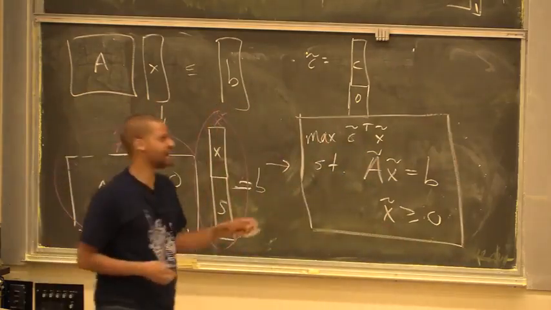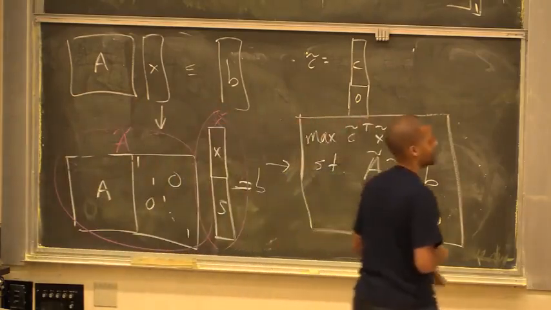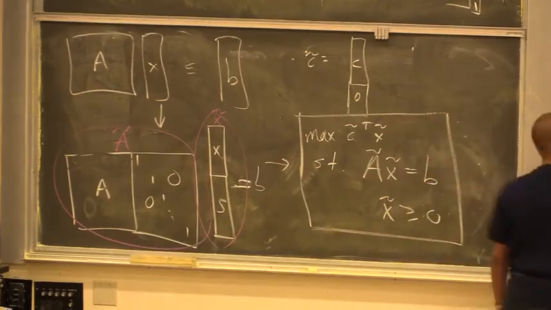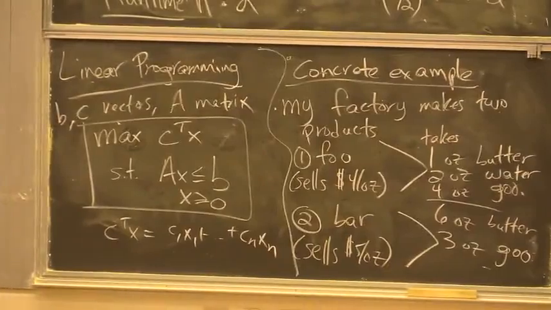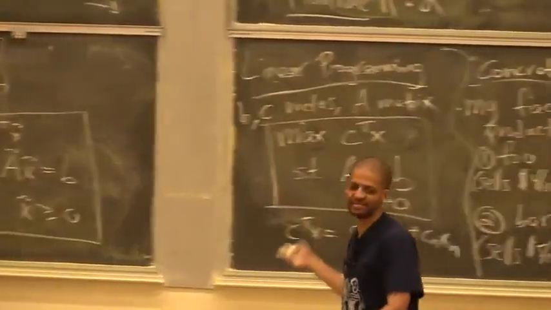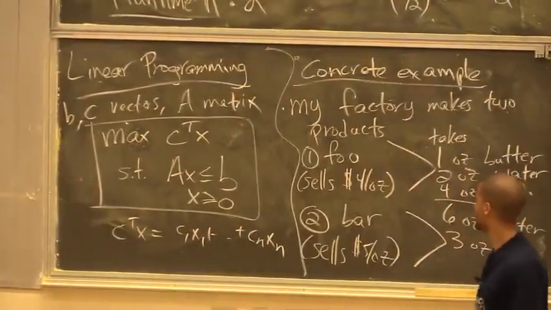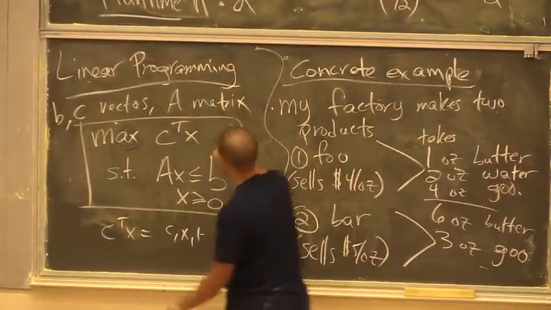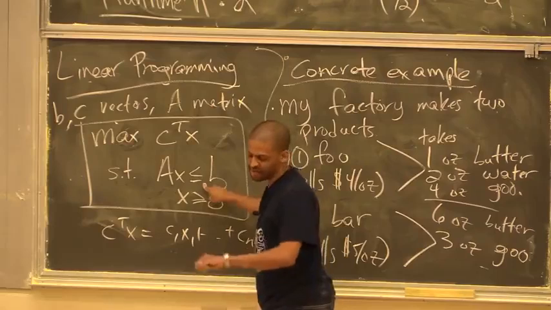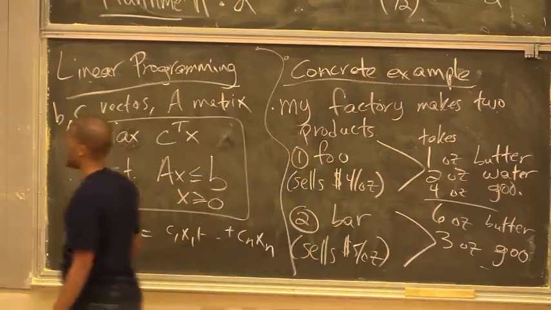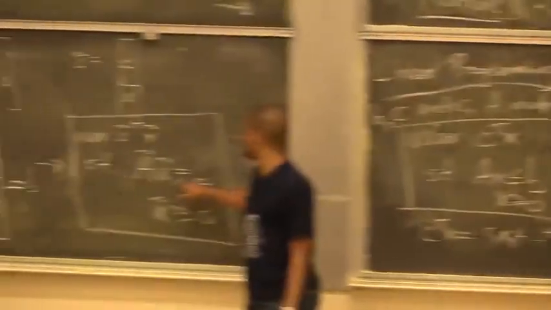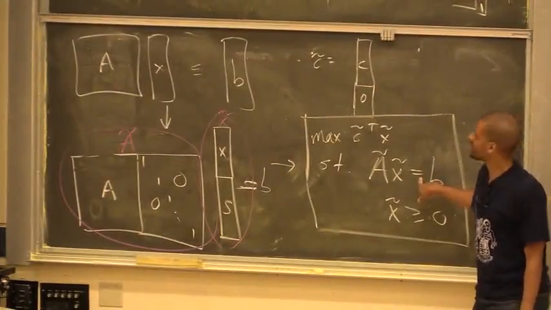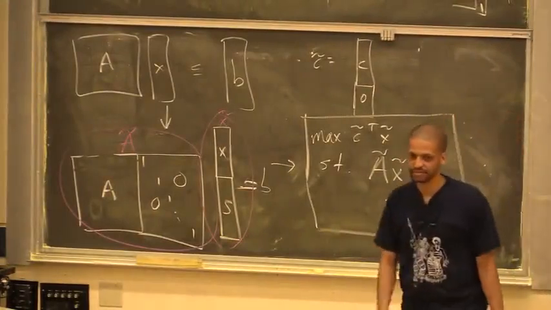Right? Sorry, I wrote min here, but I was actually maximizing over there, wasn't I? It's all the same because I could always negate c. Min and max are the same up to negating c. So the point is, optimizing an LP that looks like this with inequality constraints is equivalent to optimizing a similar size LP with equality constraints. Okay?